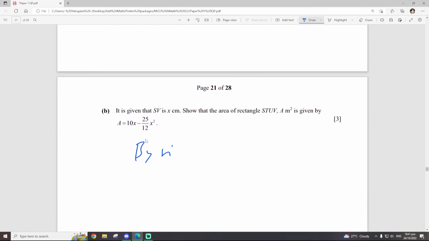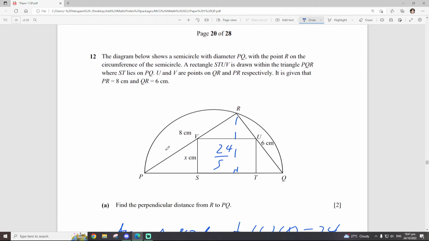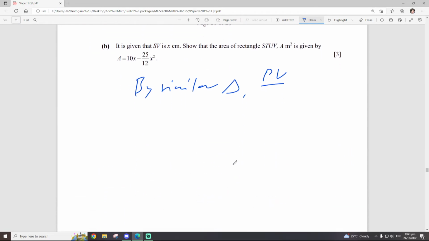By similar triangles, PV divided by x equals to 8 divided by 24 over 5, which is 5 over 3.